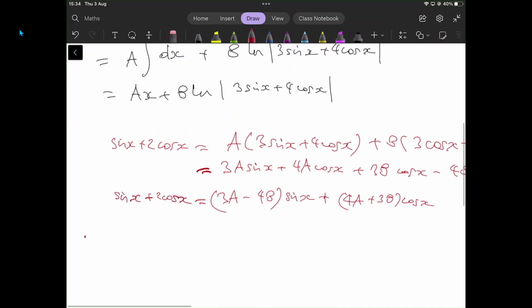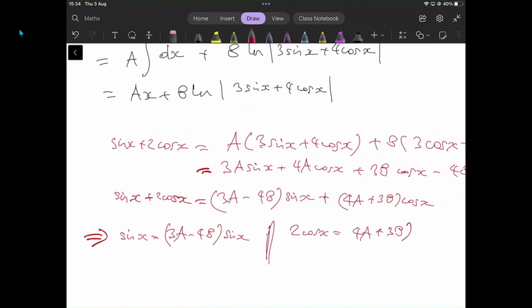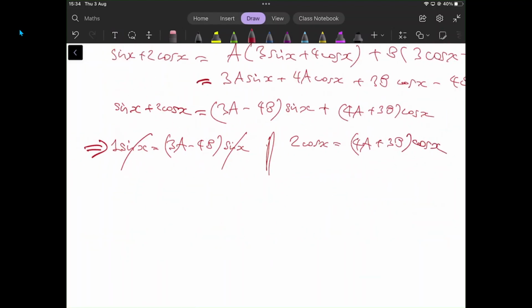This, via equating coefficients, would imply that sine of x equals 3a minus 4b sine of x, and that 2 cosine of x equals 4a plus 3b lots of cosine of x. And then what you do is you divide both sides by sine of x on the left hand side like this.